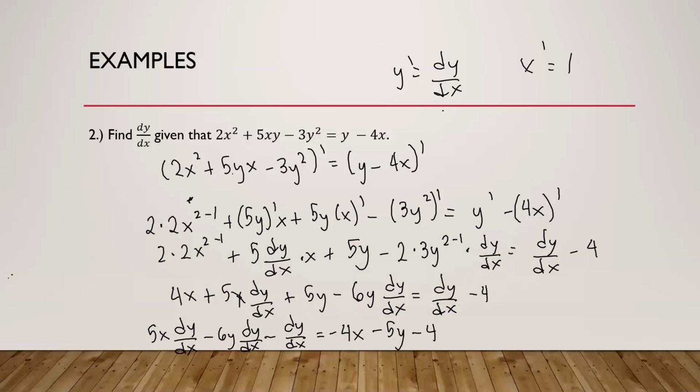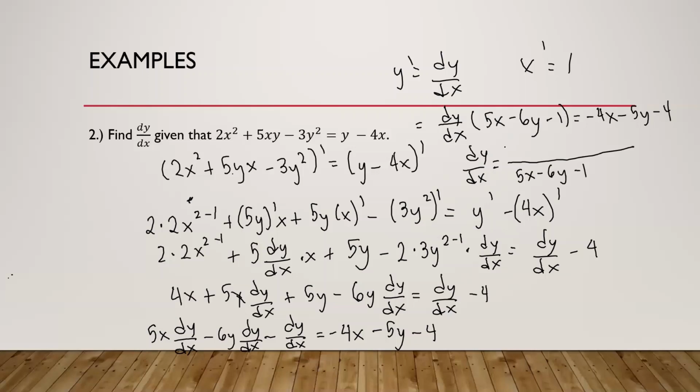Ngayon, magpa-factorize po tayo. Next step na dito. Okay, so, given the fact that dy over dx is a common factor, ang matitira dyan sa loob ay 5x minus 6y minus 1 equals negative 4x minus 5y minus 4. So, finding the dy over dx, okay, so ililipat na natin to sa denominator.